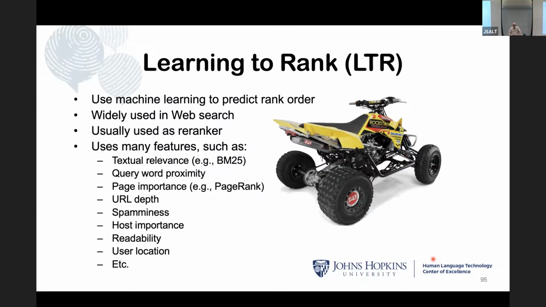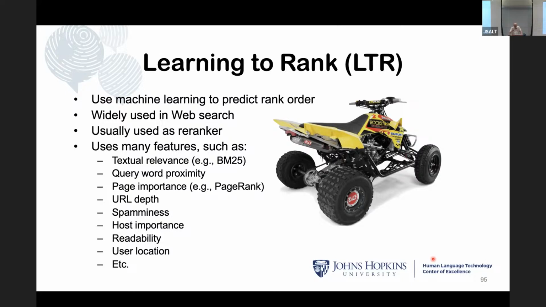They'll often use the learning to rank approach as a re-ranker. So you have an inexpensive retrieval system. You take the top documents and use your learning to rank system to re-rank those documents. And these re-rankers can use lots and lots of different features, both of the query and the document, and also what you know about the user and so on.